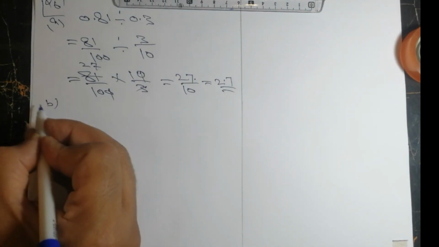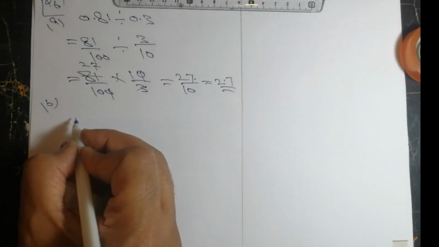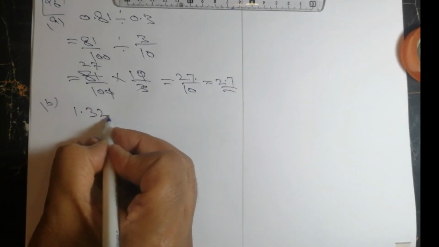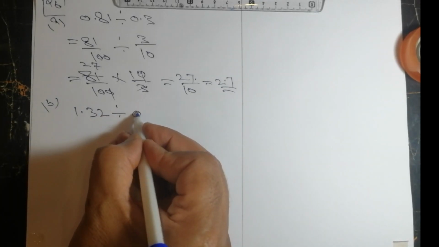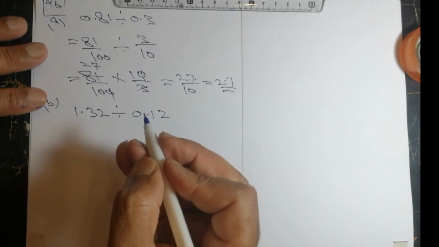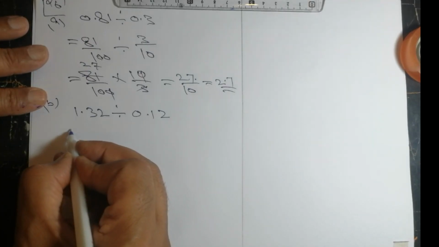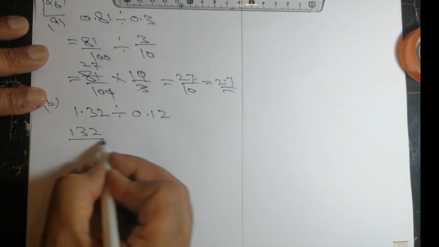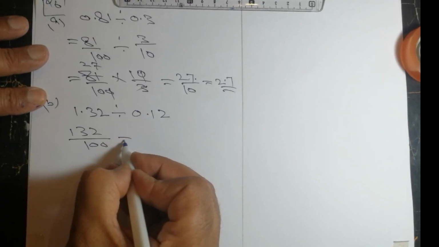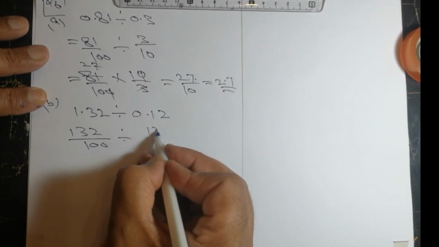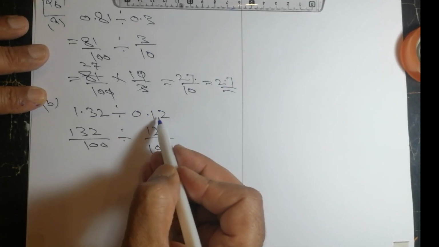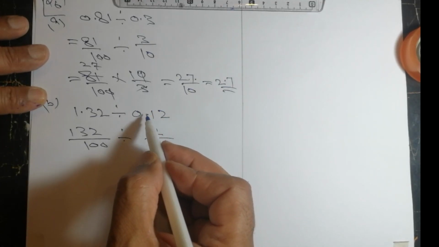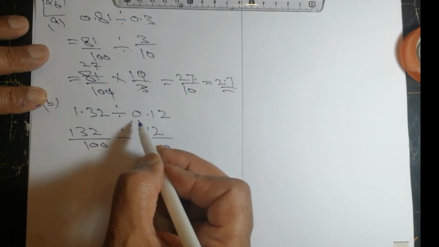Now part B is 1.32 divided by 0.12. So 132 over 100, and this is 12 over 100, because on the right side there are 2 digits. So when the decimal is removed, there is no value of 0.